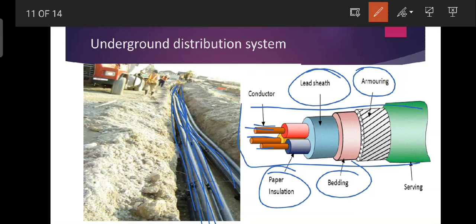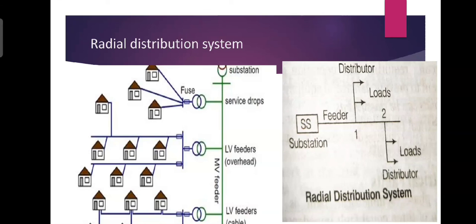After that, for environmental condition effects, serving is used. This is our overall look of the underground distribution system. Okay, I think it is clear to you. Let's go to the next slide.